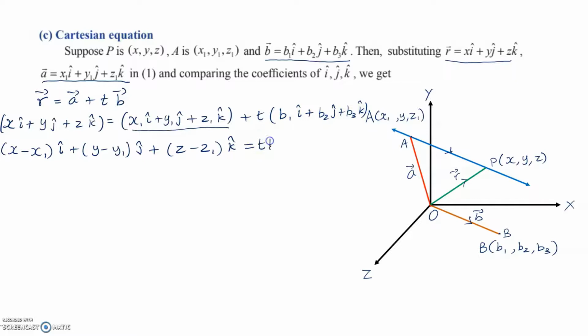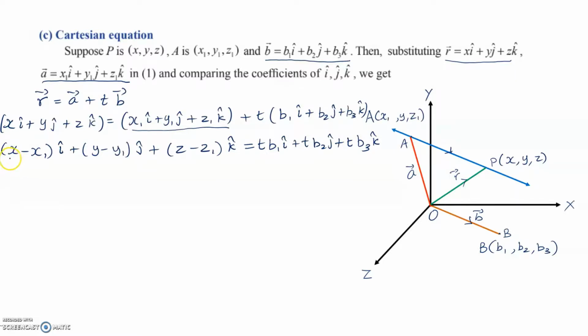You will get t b1 i cap plus t b2 j cap plus t b3 k cap.